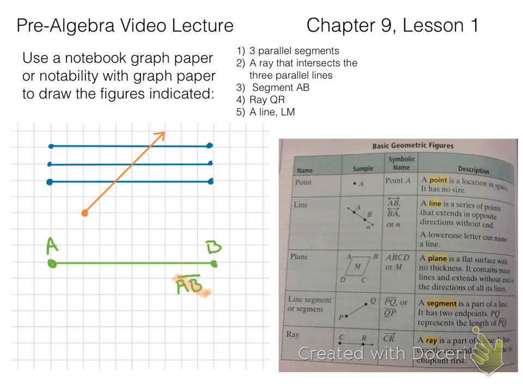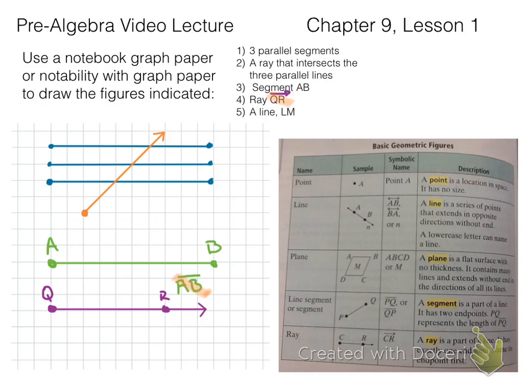So if I'm going to draw a ray, it's going to start at Q and it's going to go through R. And again, rays are directional. They start at one point and go through another, which means when you're doing the symbols, notice how even in my symbol, it starts at Q and goes through R with the symbol. That's how I know where the point has started and what point it goes through.